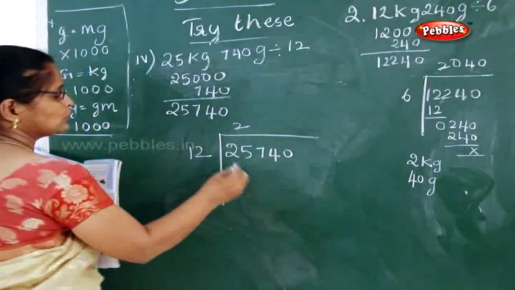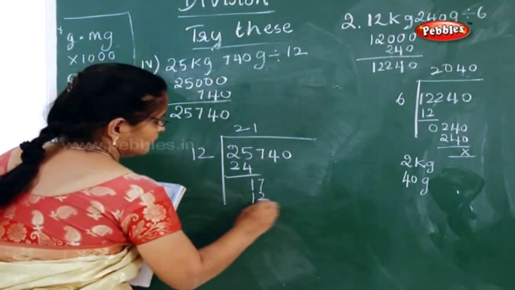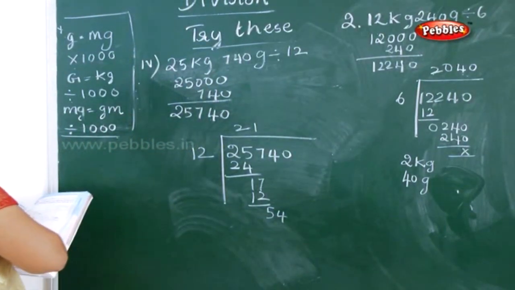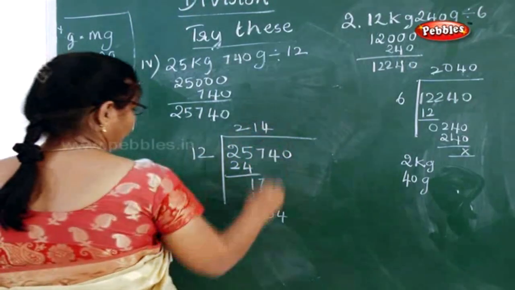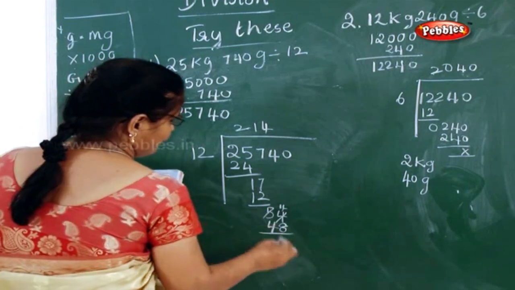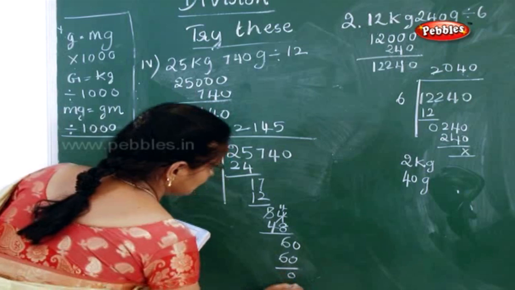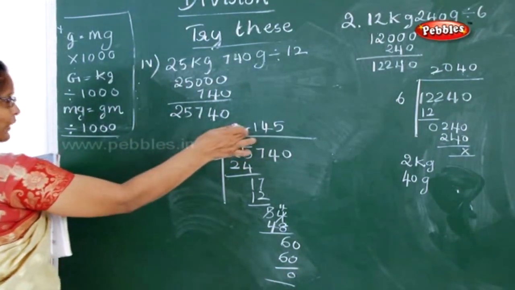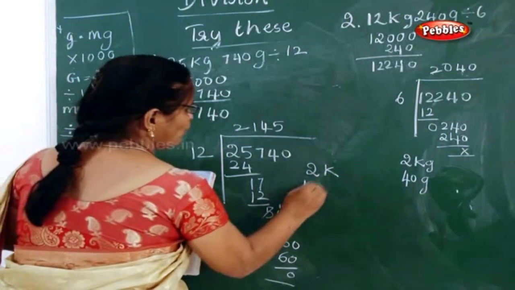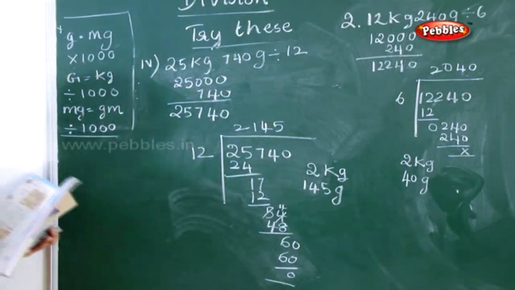So 12 twos are 24. Then 1 7, again 1 time. So how many times is it going? 54. 12 fours are 48. Then this will become 14, this will become 4. So 60. So 12 fives are 60. So now what will you write? I told you the first value will be kg and the last 3 values will be gram. So 2 kg 145 gram.